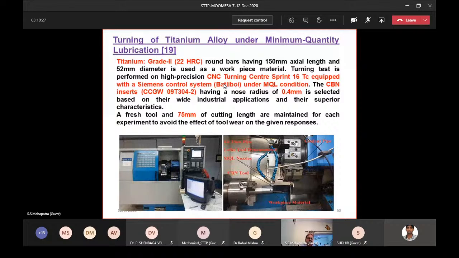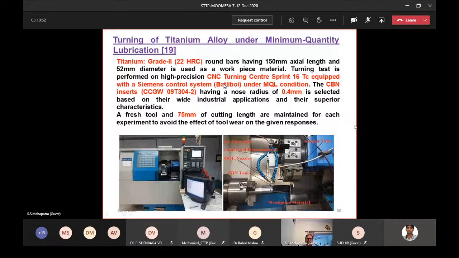A Seco insert having nose radius of 0.4 mm is selected as the tool. A fresh tool and 75 mm of cutting length were maintained for each experiment to avoid the effect of tool wear on the given responses.